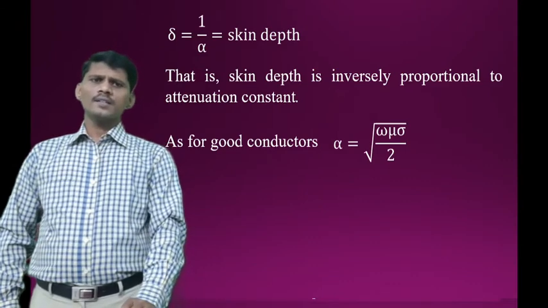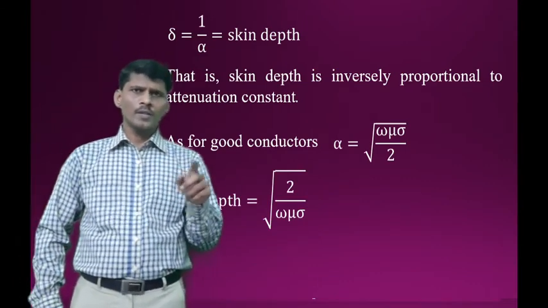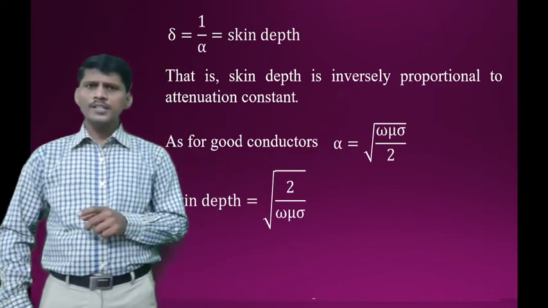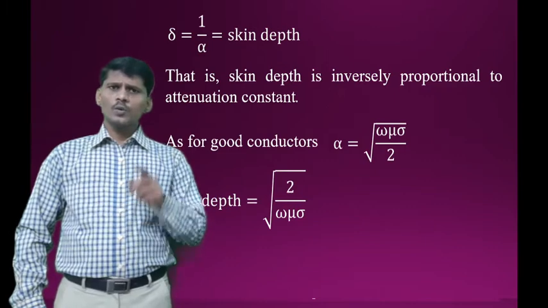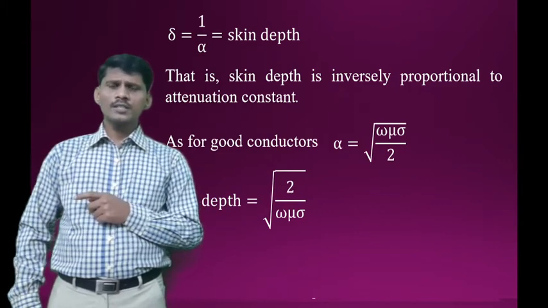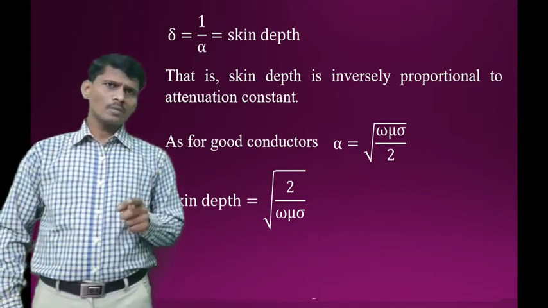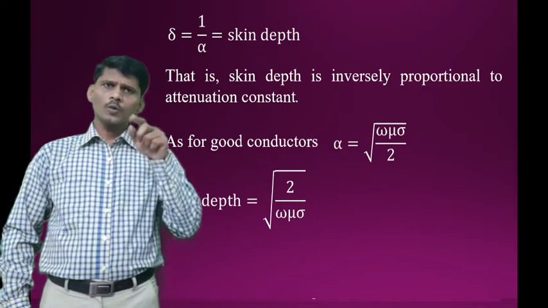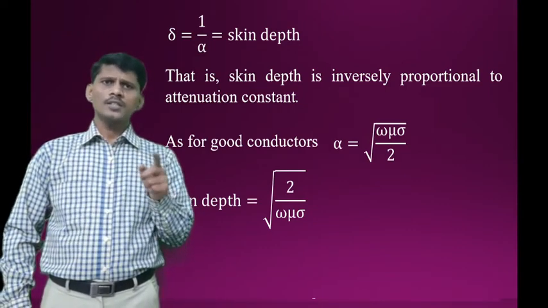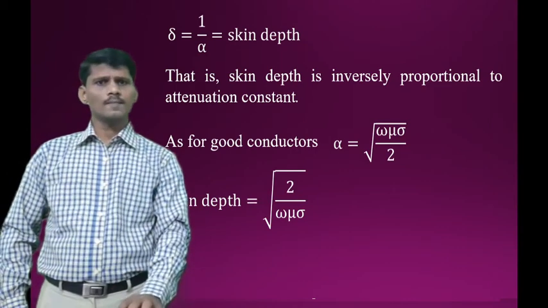For good conductors, the attenuation constant alpha is equal to square root of omega mu sigma by 2. What is the skin depth? Delta is equal to 1 by alpha. Because of that, the skin depth delta is equal to square root of 2 by omega mu sigma.